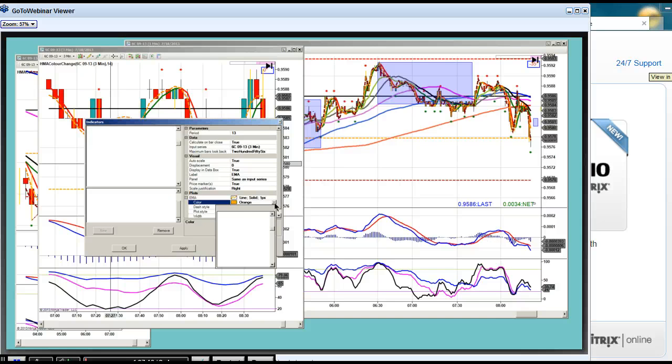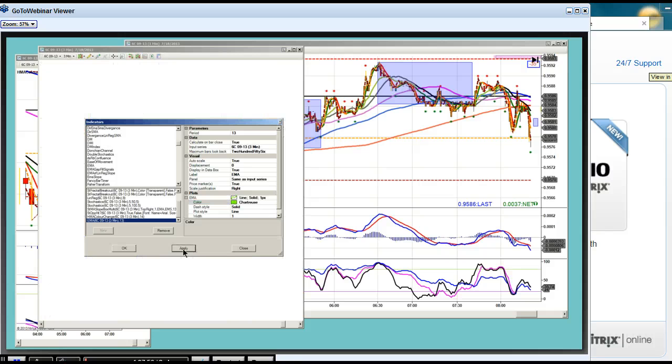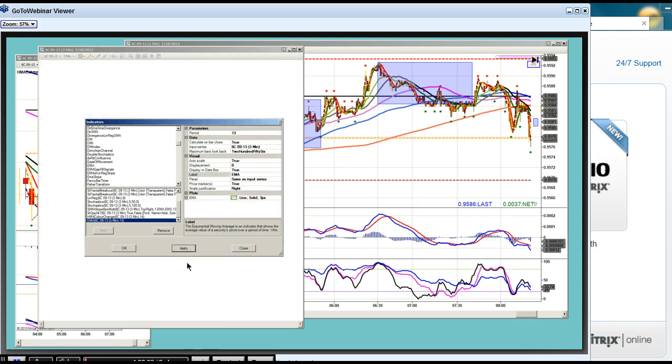I'm going to show you this. I'm going to make this EMA dark green. Let me make it chartreuse so it really stands out. Okay, so the chartreuse color is the 13 EMA.